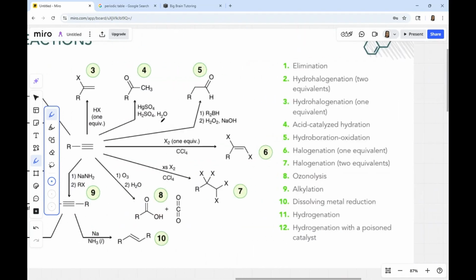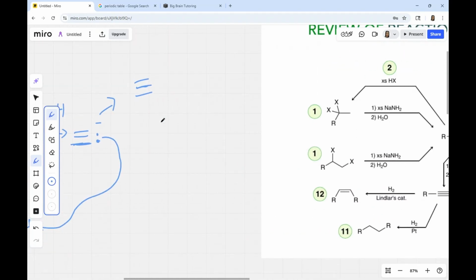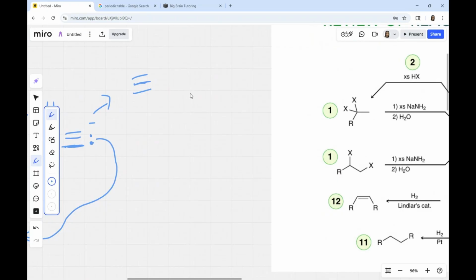Something else to keep in mind too are these two things. Geminal means that both halides are on the same carbon. That's what geminal means. And you can think geminal is jammed, because they're both on the same carbon.